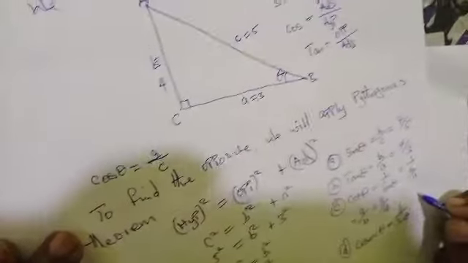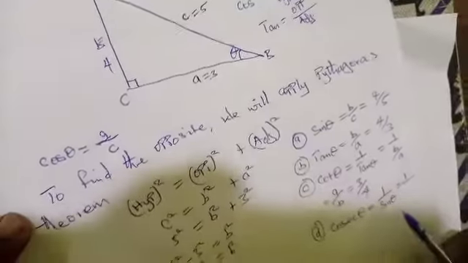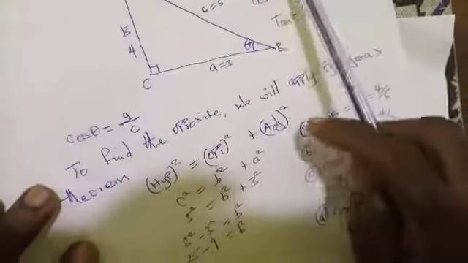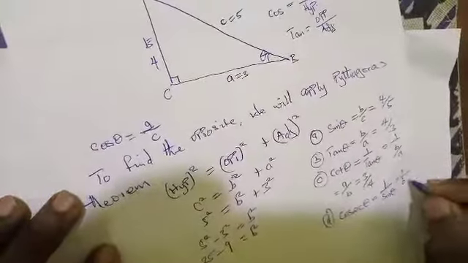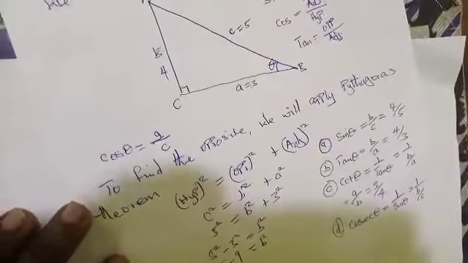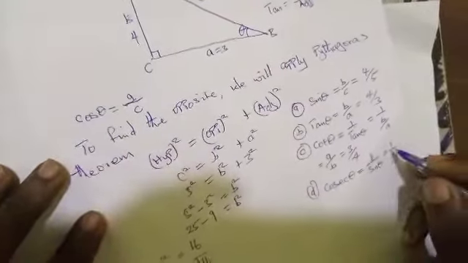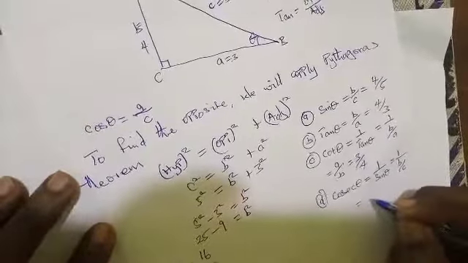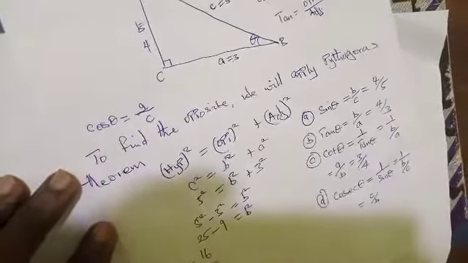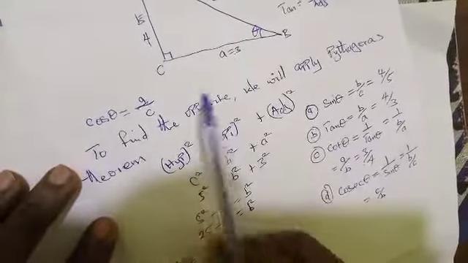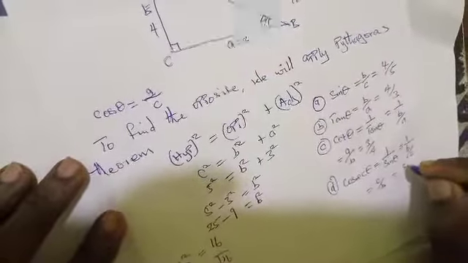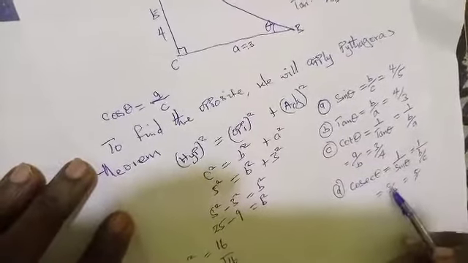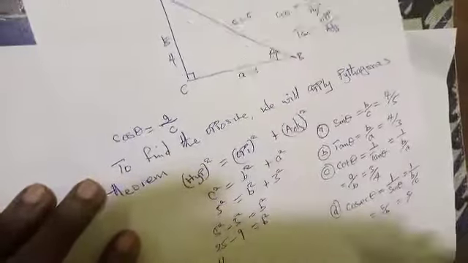Our sine theta, by SOHCAHTOA, is opposite over hypotenuse, and our opposite is B over C. So here I will take the inverse as well, and it becomes C over B. Our C is 5 and our B is 4, so this is equal to 5 over 4.